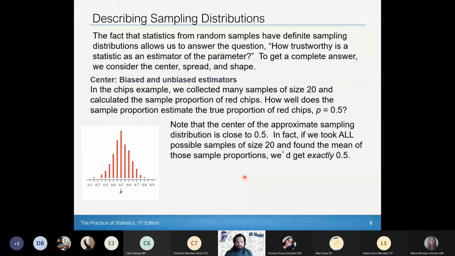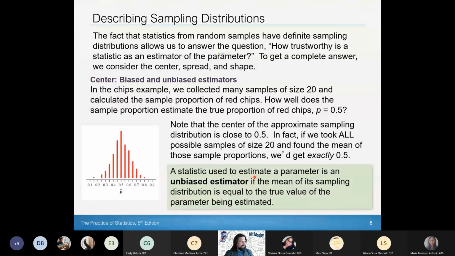So, a statistic used to estimate a parameter is an unbiased estimator if the mean of its sampling distribution is equal to the true value of the parameter being estimated. Right? So in this example, if we visually just look at the distribution, the center looks like it's in alignment with the parameter.